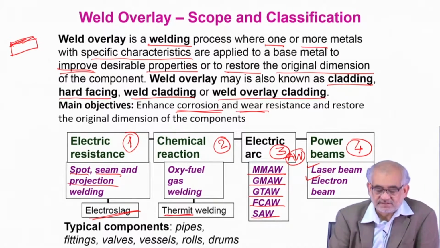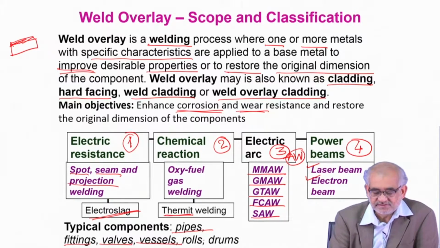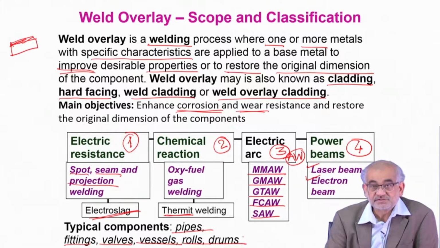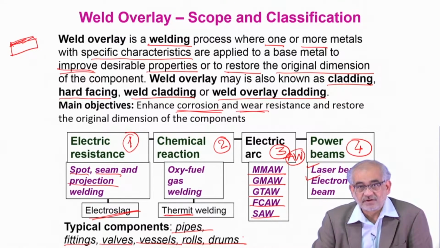We'll discuss that later on. But the typical components that you can create an overlay on would be a pipe, both outer and inner surfaces, various fittings, the valves, vessels, rolls, drums, sprockets, nozzles, various kinds of components.